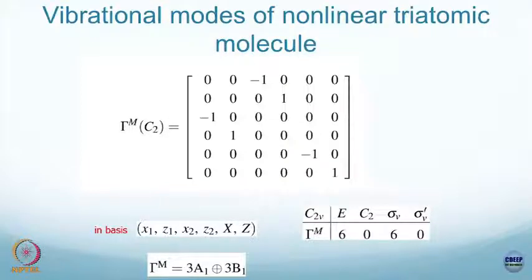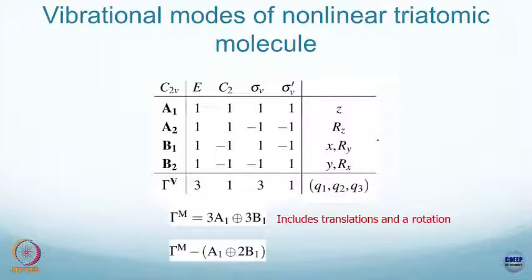So, that is why I put the C2 character to be 0 for the reducible representation, and sigma v prime will also turn out to be 0, please check it, okay. Again do the decomposition of this reducible representation using the character table of C2v to find how many times which irreps appear. That I will leave it to you as an exercise, okay. So, please try it out.